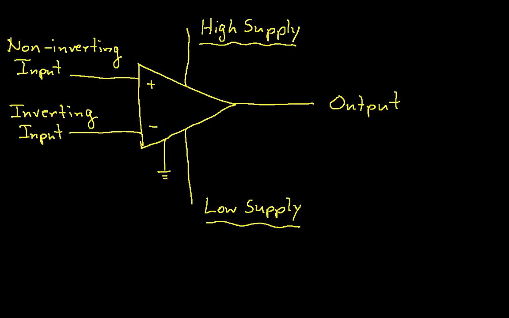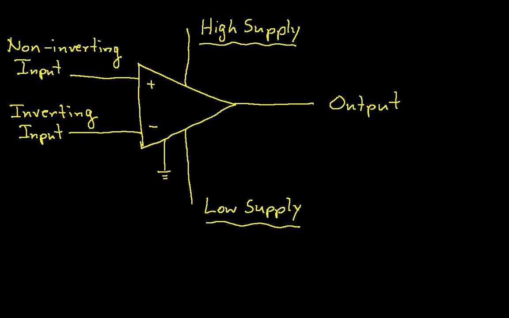The supply voltages we typically won't talk about when we're doing circuit analysis because they're the sorts of things that you can ignore unless you're in a situation where you can't. And what I mean by that is you typically don't need to worry about the supply voltages unless your output is getting close to one of the supply voltages. Because of the way things work, your output will never go above the high supply or below the low supply.